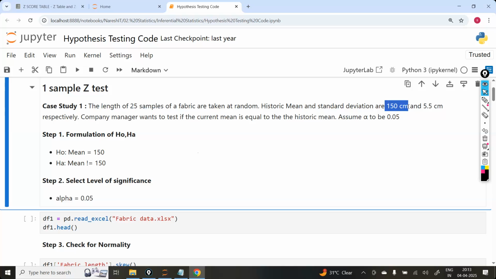This is the past. From so many years or so many days, I am maintaining this. Historic means history, automatically the past only. Past is called history. That can be 1 year or 2 years, or at least 1 month or 2 months. Our shop is having a very good history, what is the meaning?